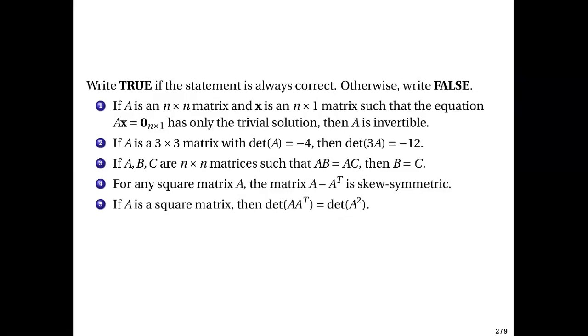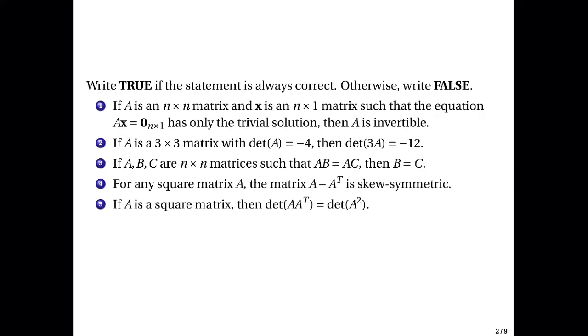For number one, if A is an n by n matrix and X is an n by 1 matrix such that the equation Ax equals 0 has only the trivial solution, then the matrix A is invertible. For this, all you need to do is to recall the big theorem that we had, the 7 equivalent statements.